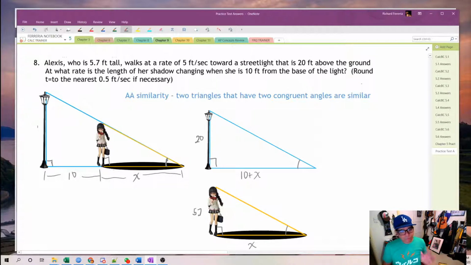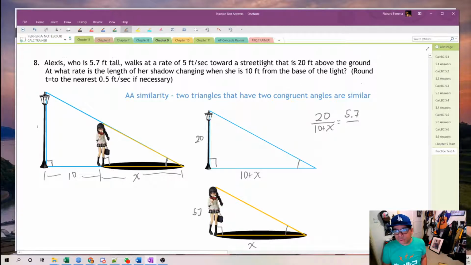And so with our similarity, we're going to say that the vertical height to the horizontal height, in the case of the street lamp, is 20 over 10 plus x. And in the triangle with Alexis herself, that is 5.7 to x.